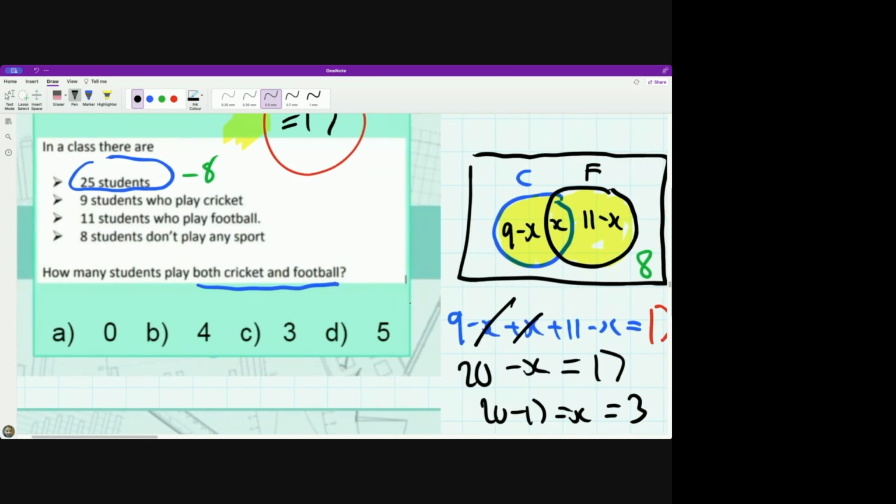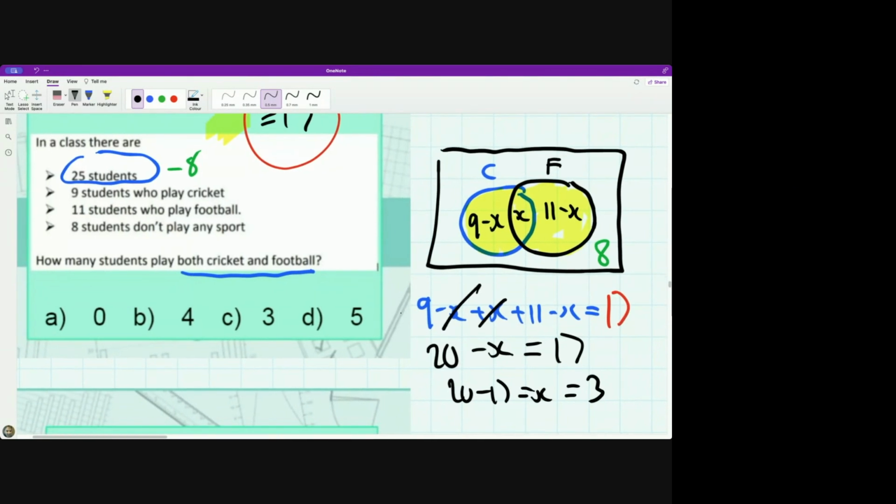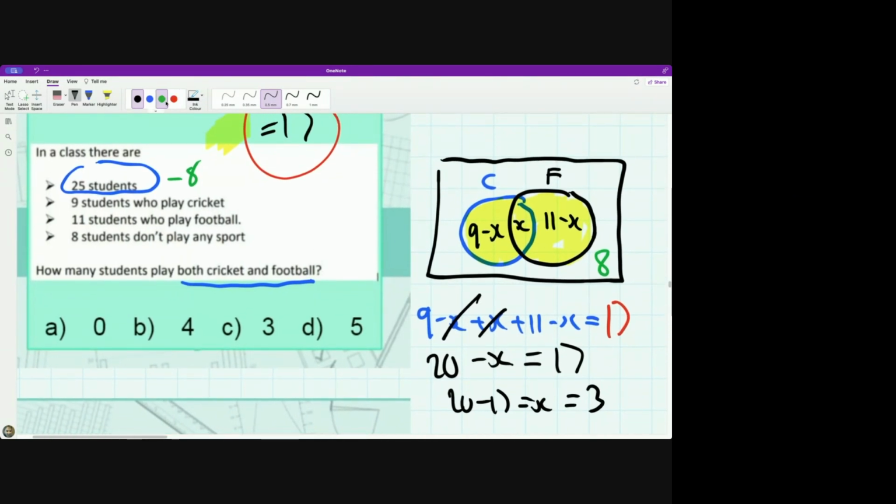So how many students play both cricket and football? What's the answer? A, B, C, D. The answer must be C.